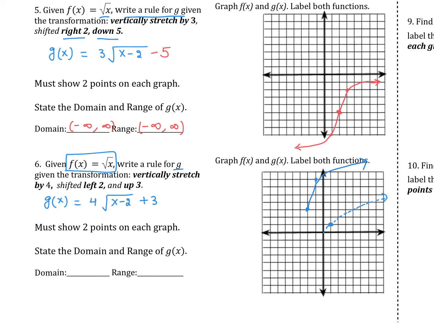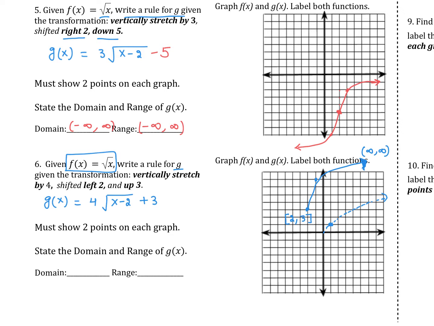Domain. Since the graph is moved 2 units left and 3 units up, so this is my starting point. Arrow goes into the positive side, so it's going to approach infinity.